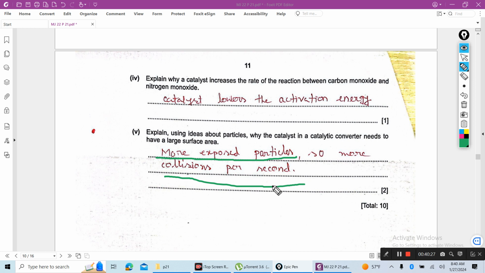If it has more surface area, more molecules are exposed, so more collisions occur per unit time. Okay, come to next.